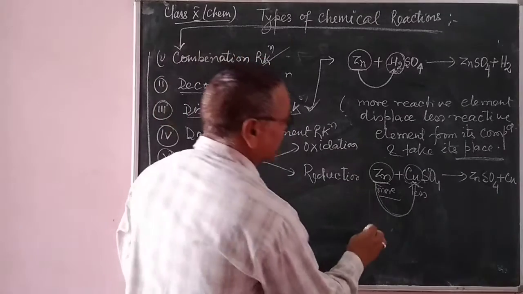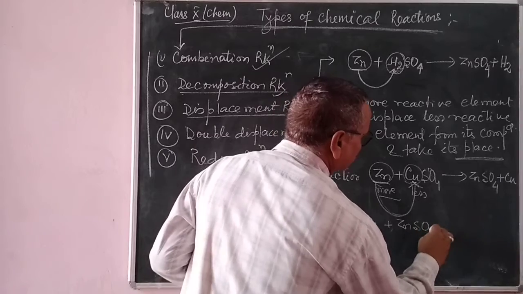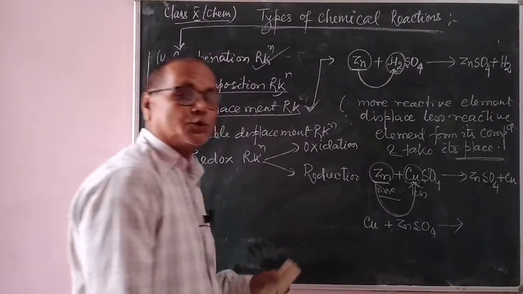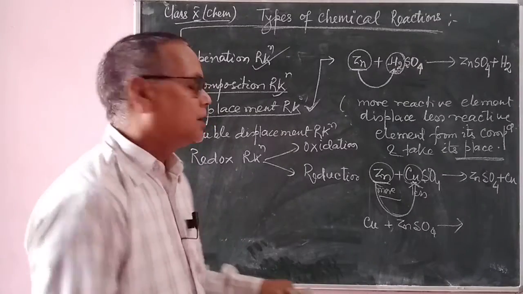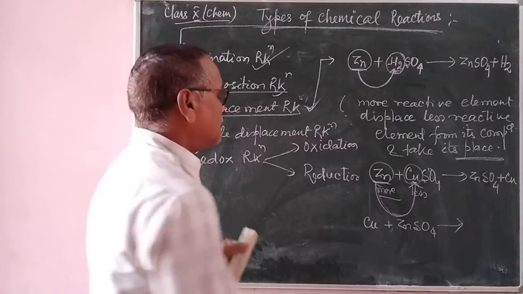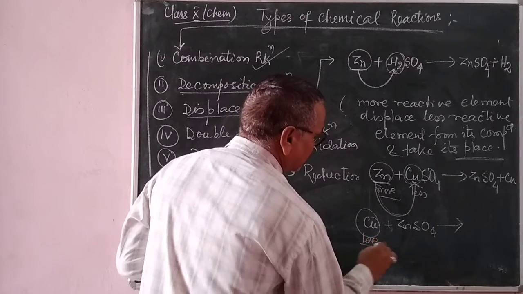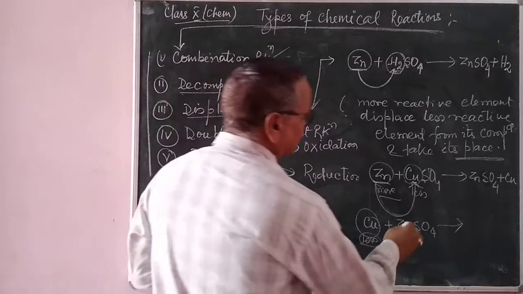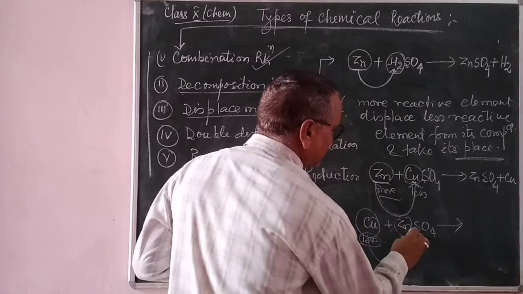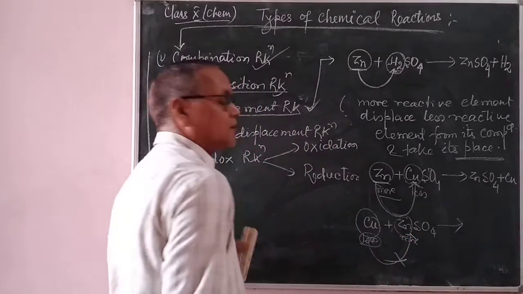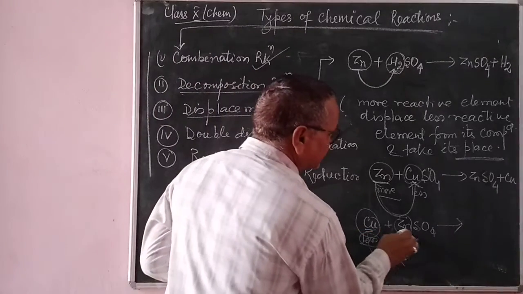But suppose we are given copper and zinc sulfate, then what will happen? Will this react or not? Will it do a displacement reaction or not? No, because copper is less reactive and zinc is more reactive, so copper does not displace zinc.